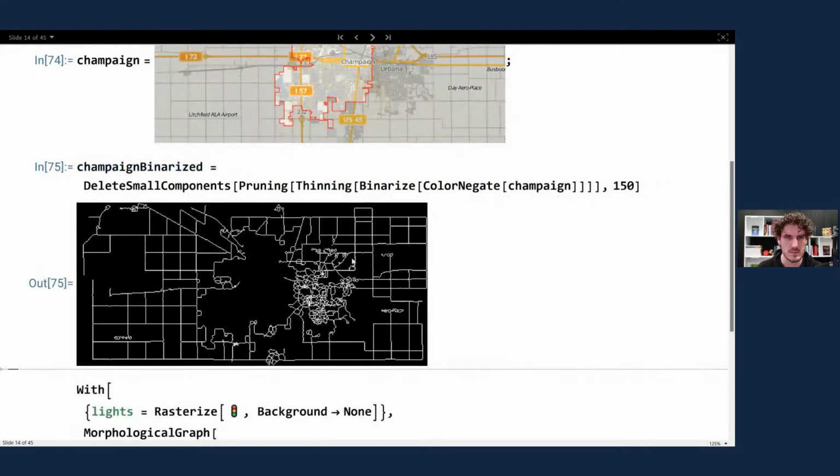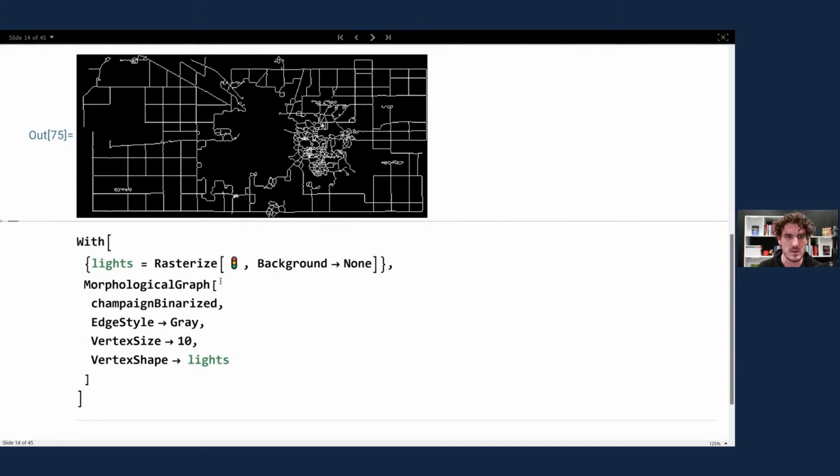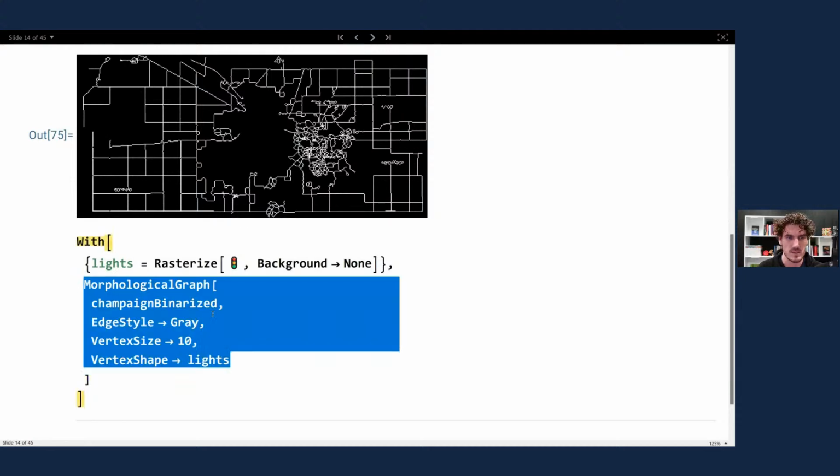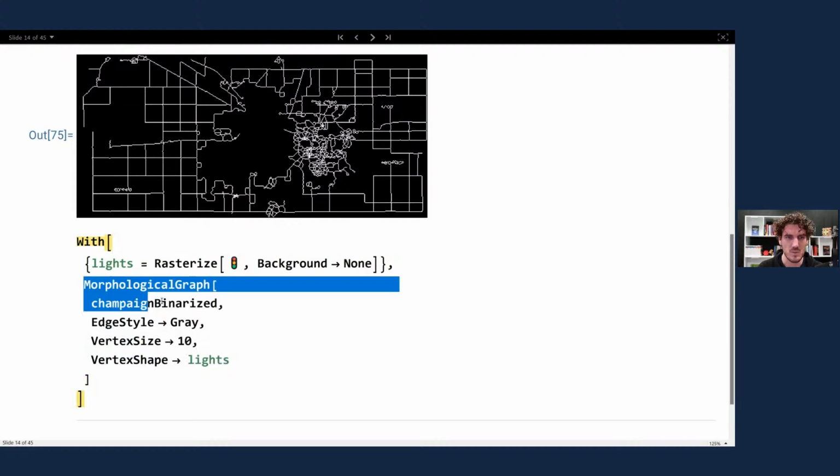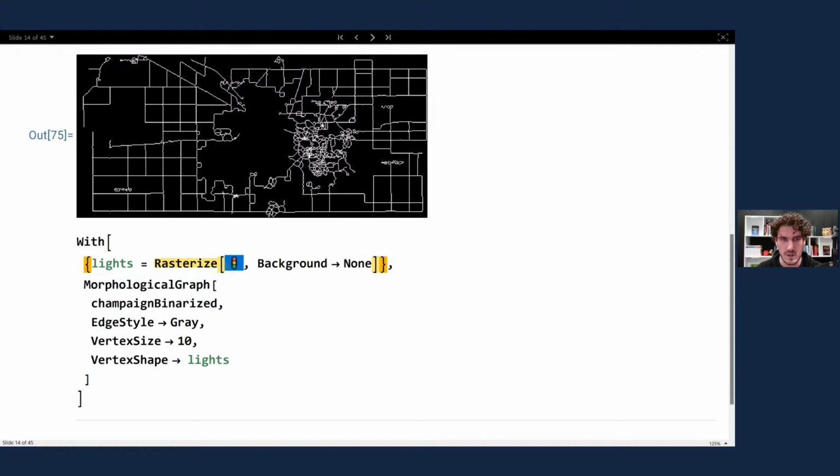And this is what we get. And then we essentially use morphological graph of this result. Really, this is the only thing we've done here, but we have added some little styling things where we want this picture of a traffic light at each vertex.